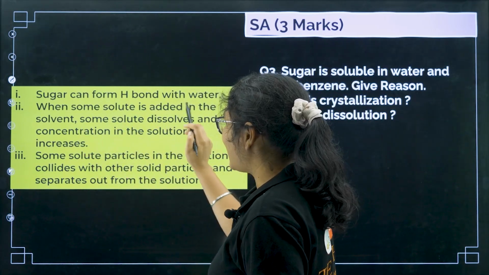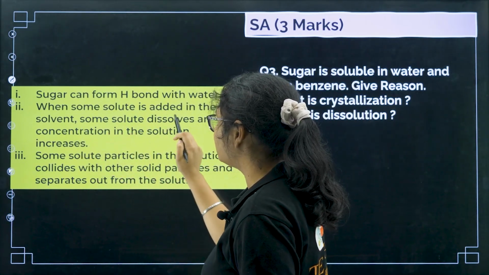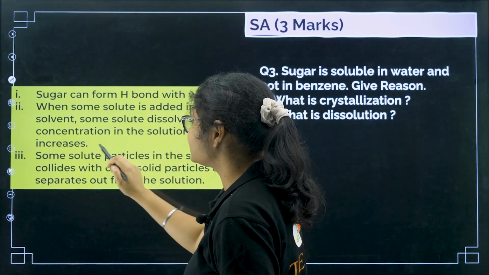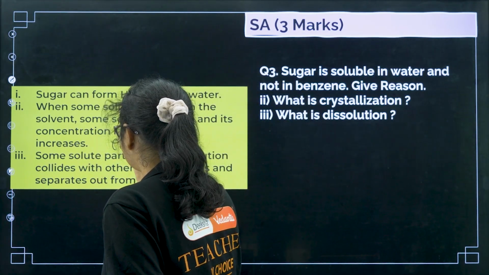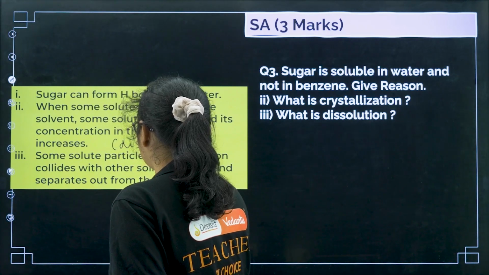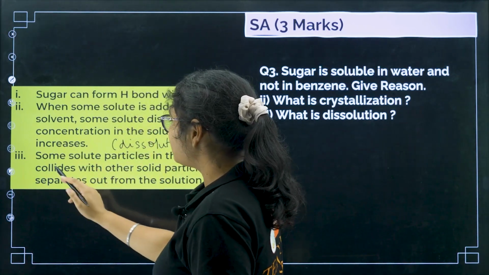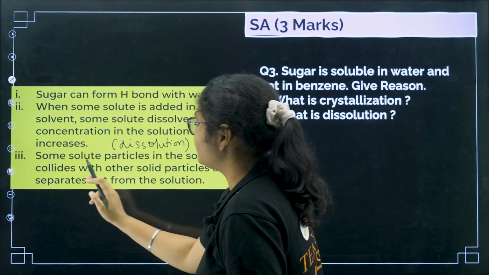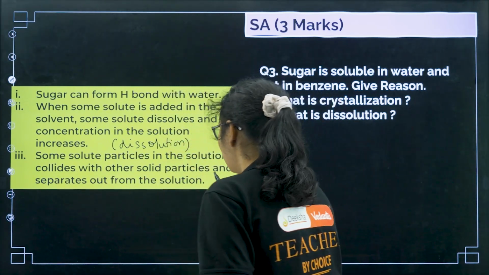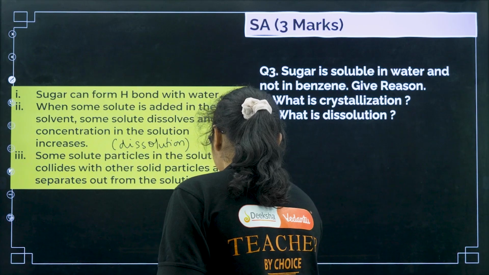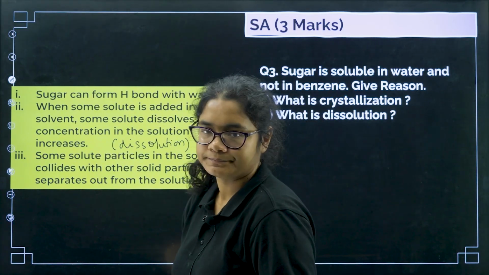When some solute is added in the solvent, some solute dissolves and its concentration increases in the solution. That is called dissolution. Next, some solute particles in the solution collide with other solid particles and separate out from the solution, and this is called crystallization. Clear?